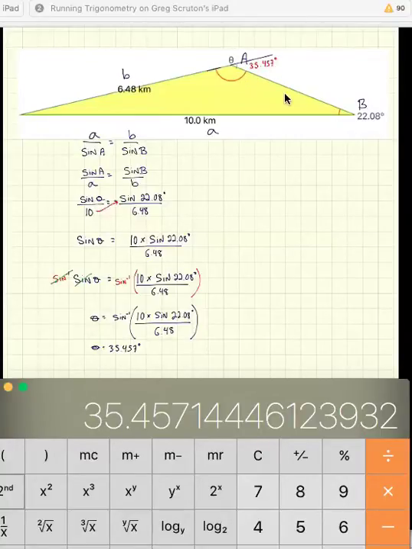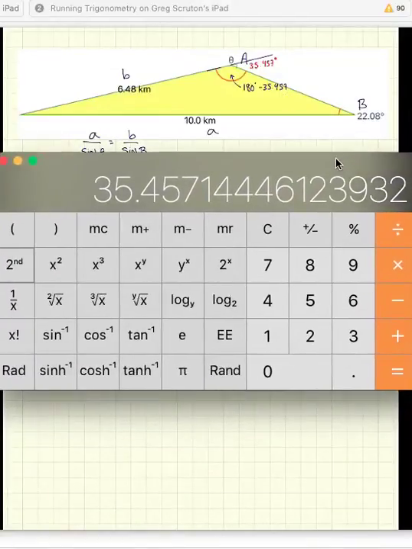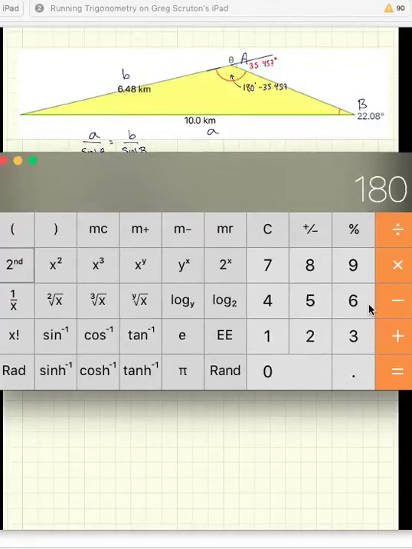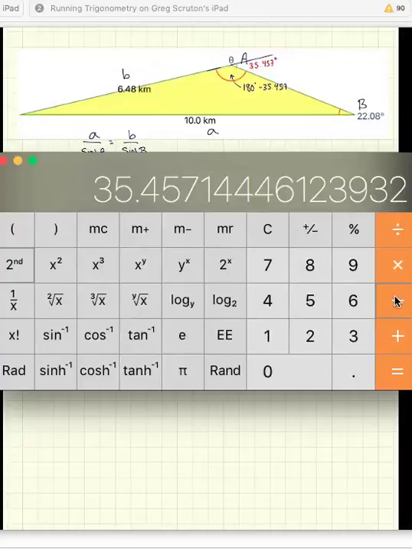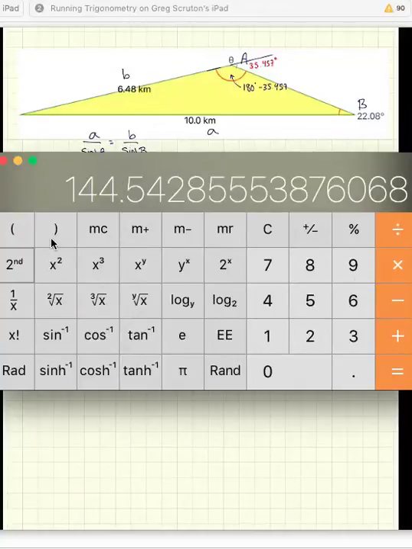So it's going to be 180 degrees, take away 35.457. All right, so I have this number in my calculator. I'm just going to copy it, and I'm going to do 180, take away, and then paste, is equal to 144.543 degrees. All right, and that's our answer.